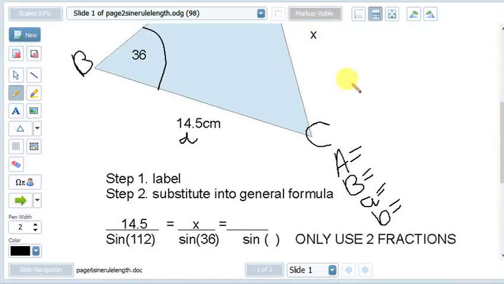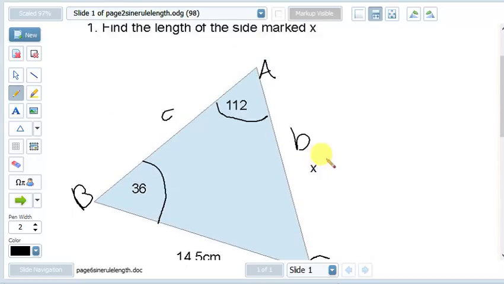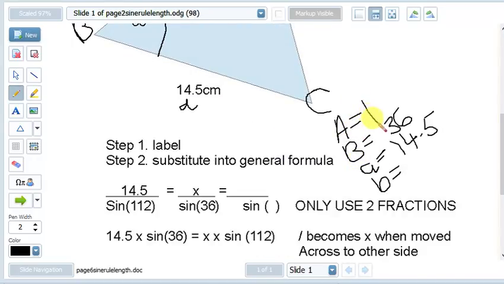Okay, so let's have a look. Little a equals 14.5. Big B equals 36 degrees. Big A equals 112 degrees. And little b equals x. So basically what we're trying to do is find out what x equals.